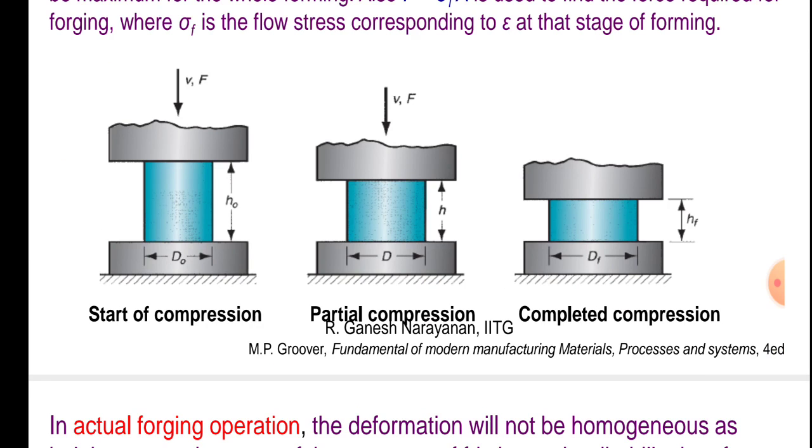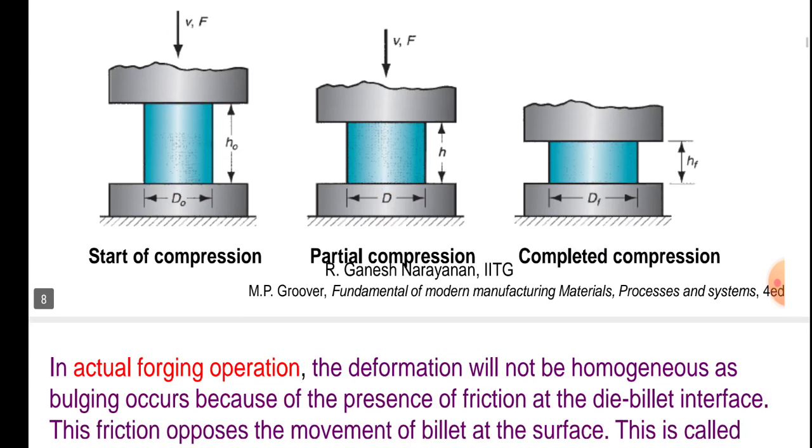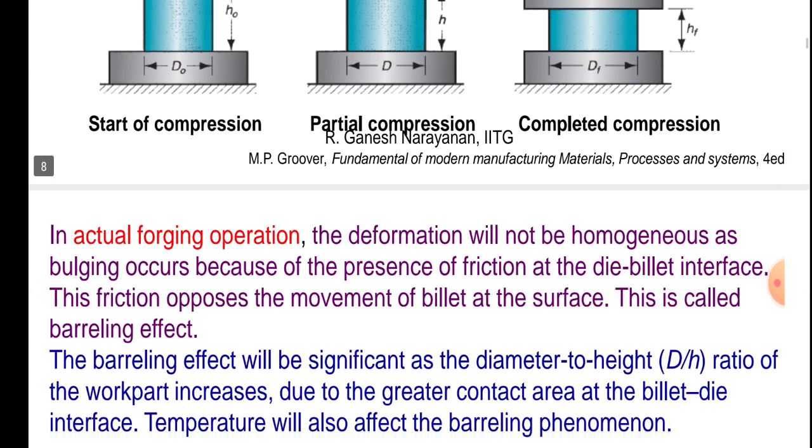The workpiece is compressed between two dies with force F and velocity V. In the third diagram, we will see the completed compression with diameter DF, that is diameter of finish, and HF means height of finish.